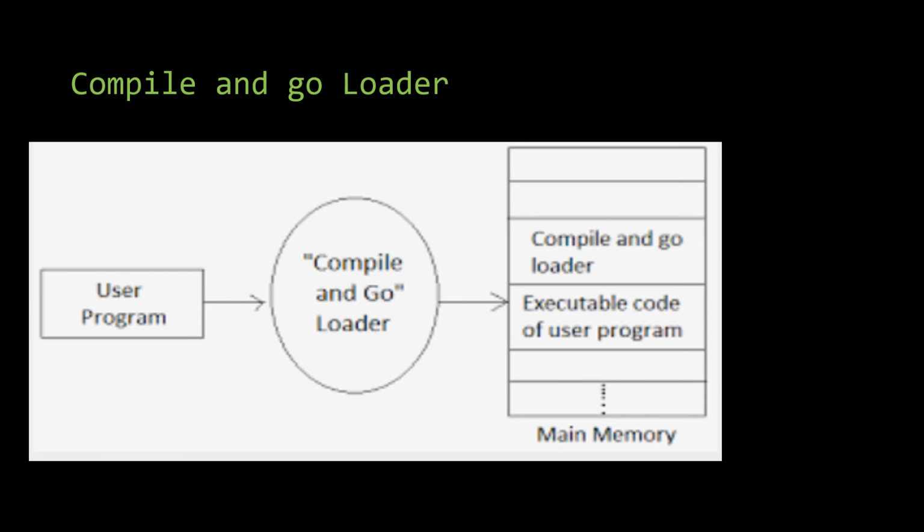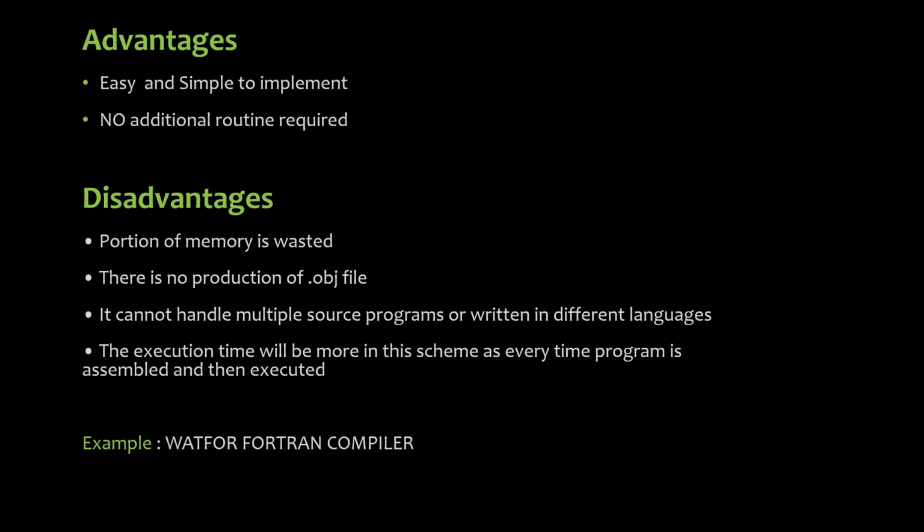So you can say the disadvantages of the compile and go loader are: a portion of memory is wasted as the assembler is placed inside the main memory. There is no production of an obj file. Every time a retranslation is required, and it cannot handle multiple source programs or subprograms written in different languages.